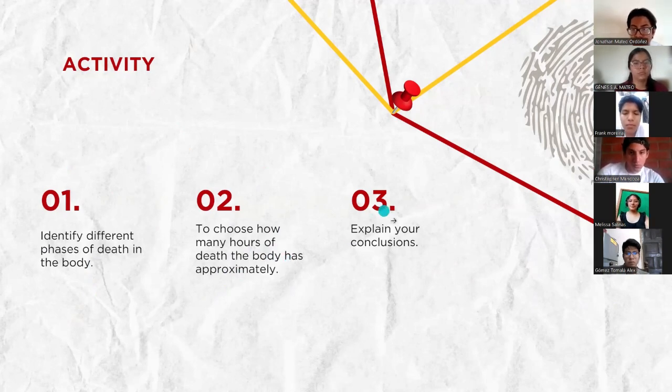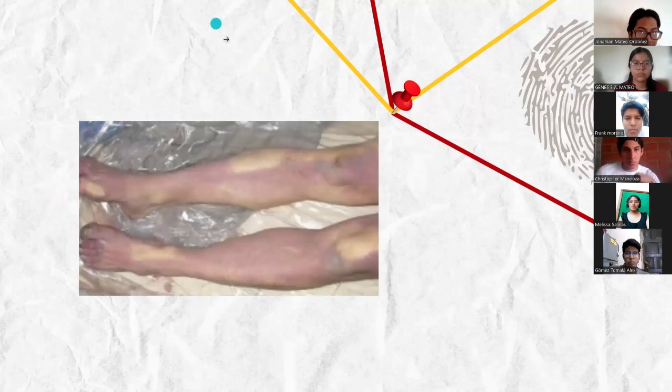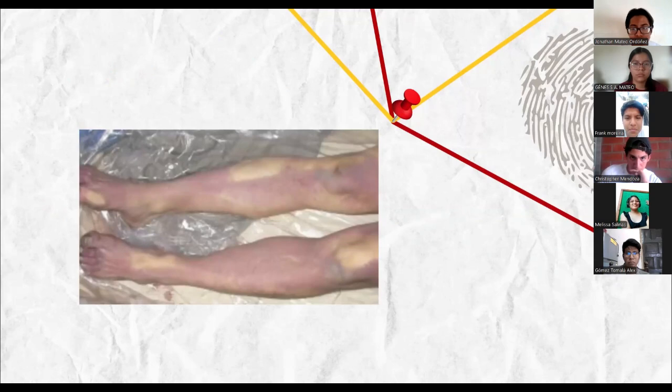And number 3, you are going to explain your conclusion, why you chose the phenomenon and why you think the body has this time of death. I'm going to show you an image with the phenomenon and you are going to identify it. So please work on it based on the video and the definitions that we learned about these phenomena.